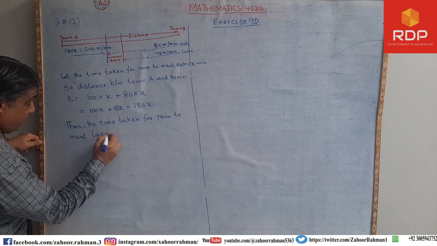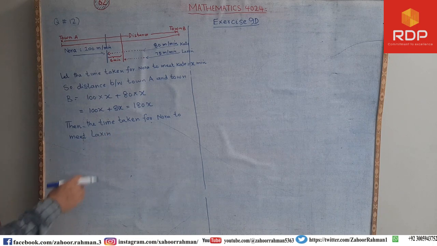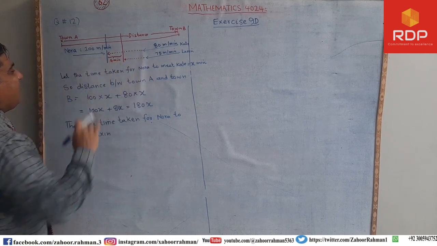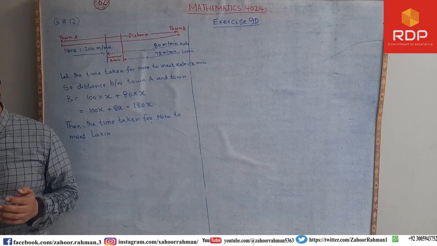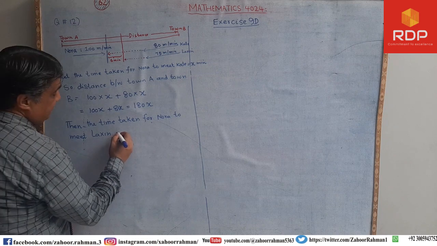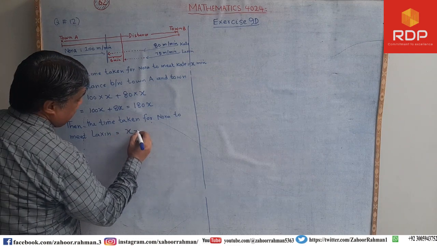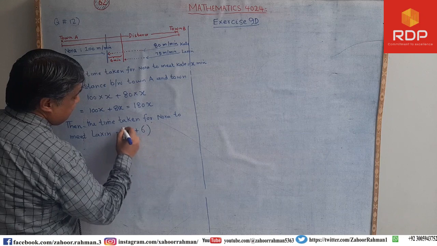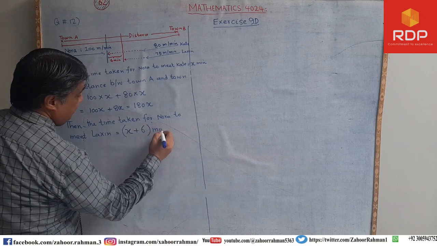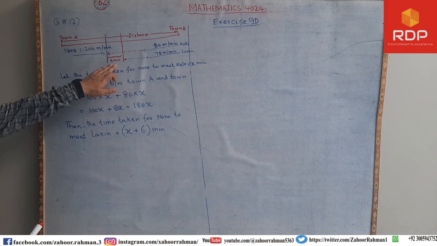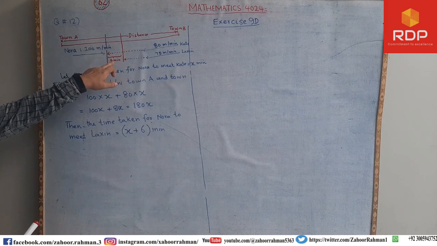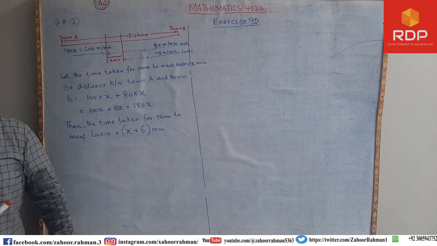And you know from the question that Nora meets Lexon after 6 minutes, so it will be x plus 6 minutes. From where did this 6 come? From here. That was x, and now x plus 6 minutes.